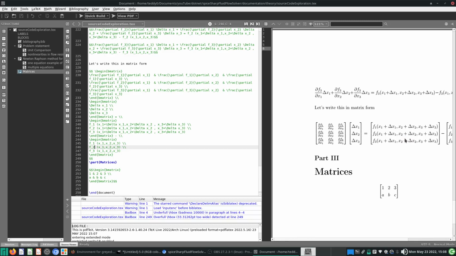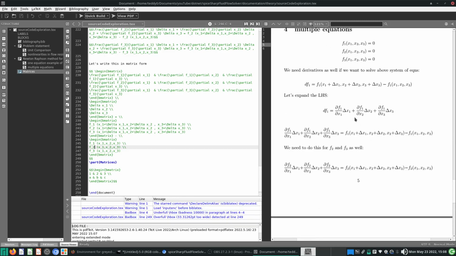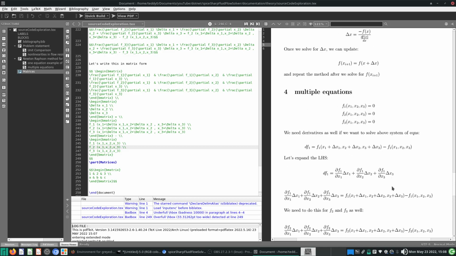All right. So we are just rewriting this equation, the df1, blah blah, all of these things on the right hand side, and we are doing it across three. We are doing it for f1, f2, and f3 since we have multiple equations.